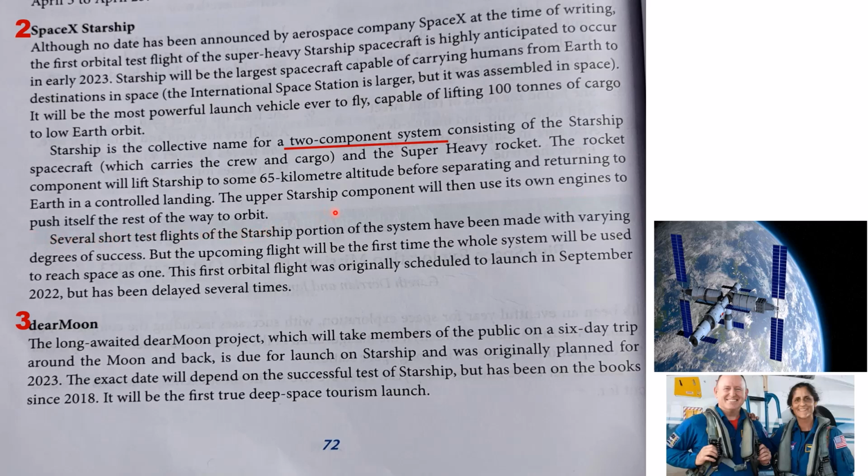The remaining Starship will jet into space and go into orbit. Several short test flights of the Starship portion of the system have been made with varying degrees of success. Varying degrees of success means to some extent they are successes and to some extent they are failures also. But the upcoming flight will be the first time the whole system will be used to reach space as one.